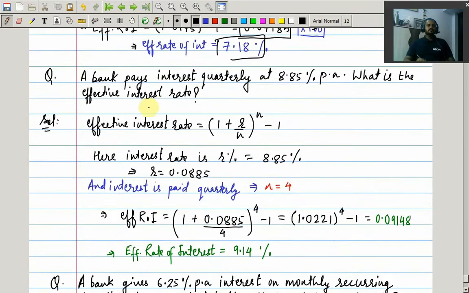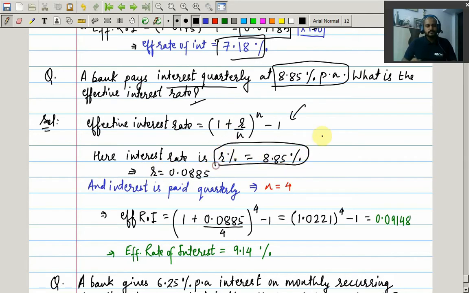Let's take one more question on effective rate of interest. The bank pays interest quarterly at 8.85% per annum. What is the effective rate of interest? This is the formula. Let's identify the values. R% is given.